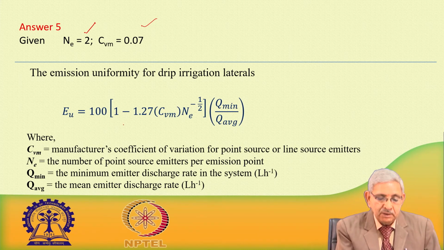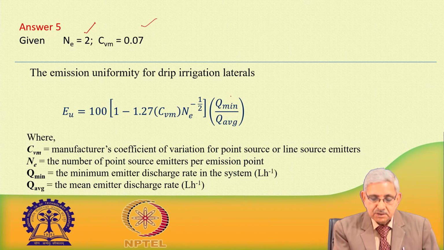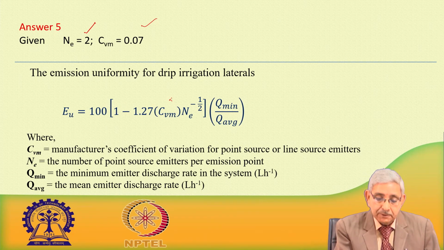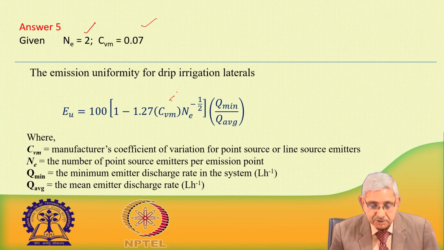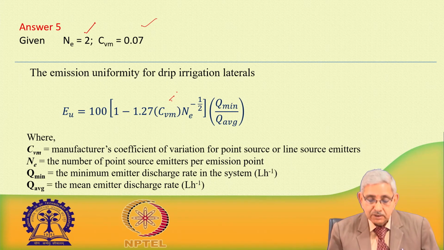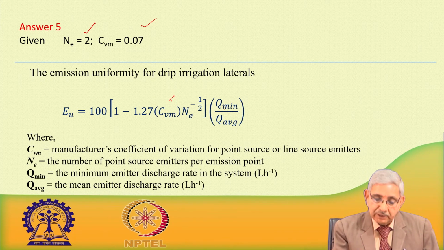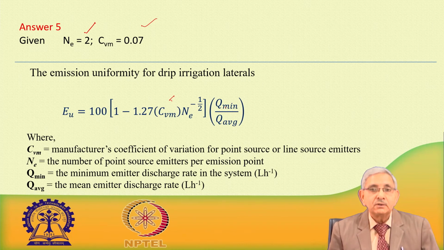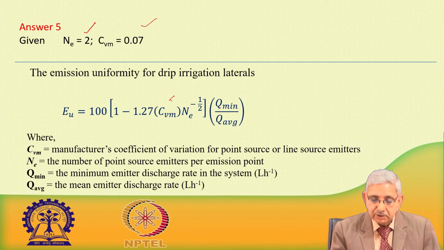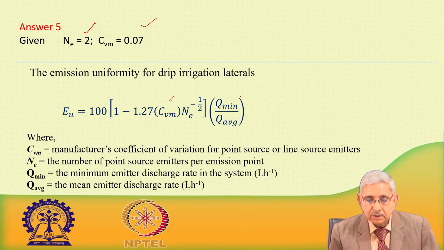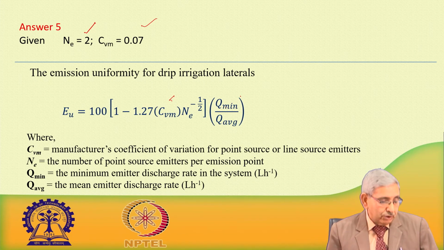Emission uniformity is estimated by this equation, which is 100 into 1 minus 1.27 multiplied by the coefficient of variation divided by the square root of the number of emission points or emission devices, and multiplied by the ratio of Q min to Q average. So, we need to find out what Q min is and what Q average is.